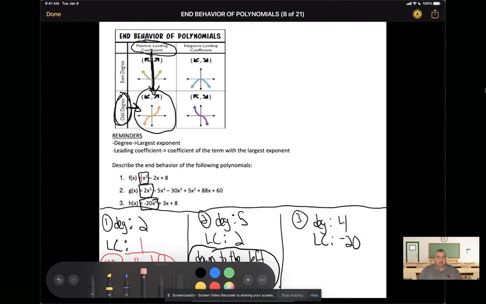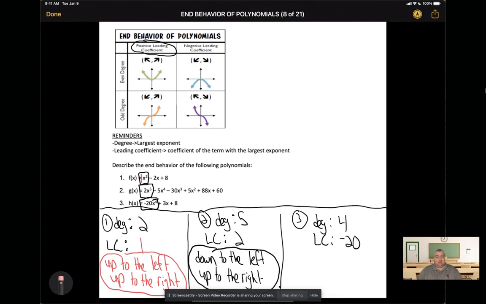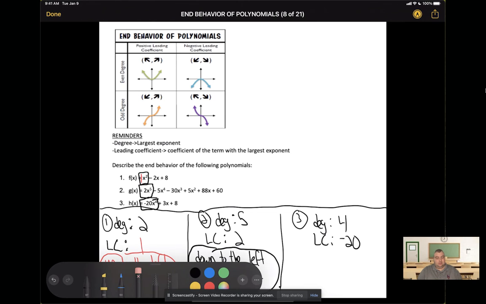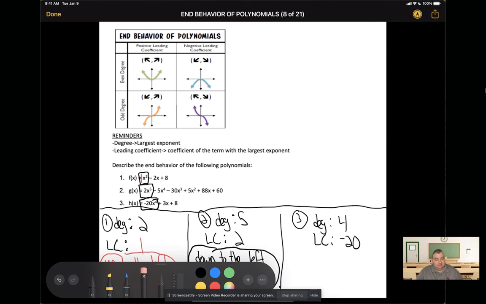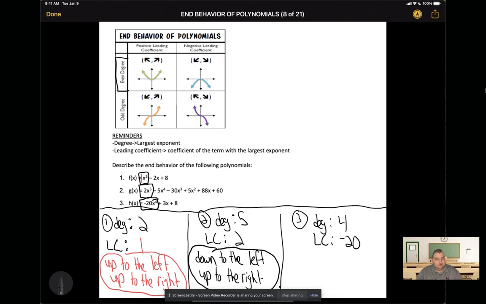So I have my degree and my leading coefficient. If I use the table, a degree of 4, so 4 is an even number, gives me an even degree. And a leading coefficient of negative 20 is a negative leading coefficient.